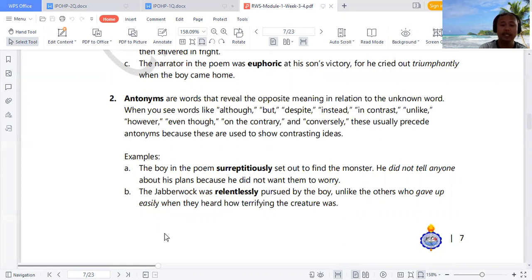opposite. All right. Example number one here, or letter A, is: The boy in the poem surreptitiously set out to find the monster. He did not tell anyone about his plans because he did not want them to worry. So, what do we mean by surreptitiously?